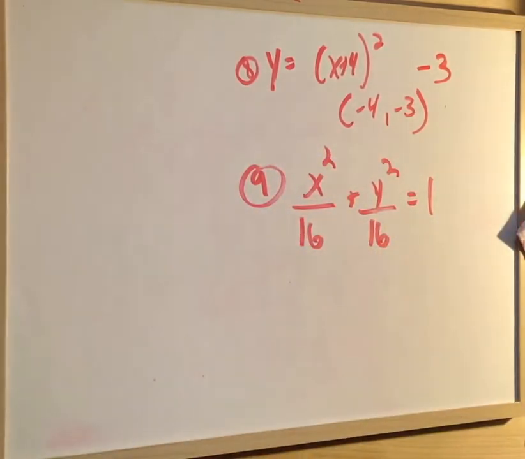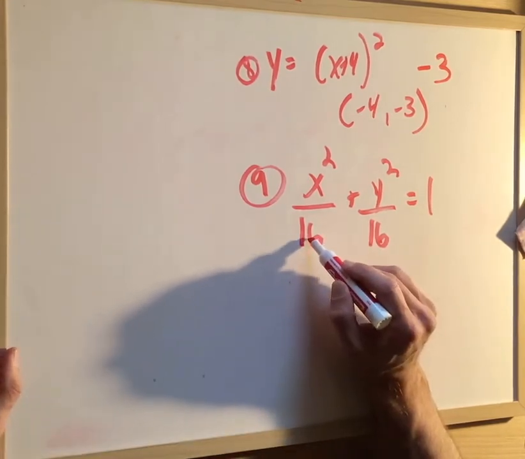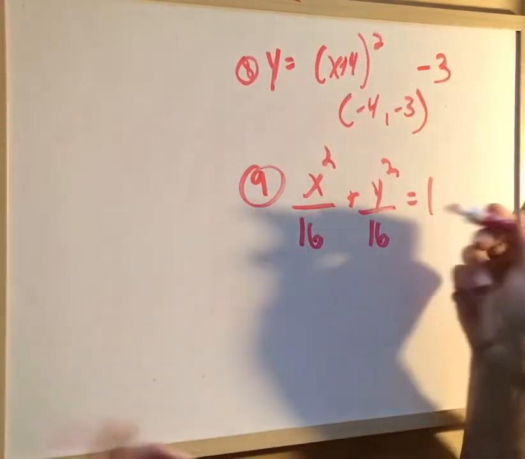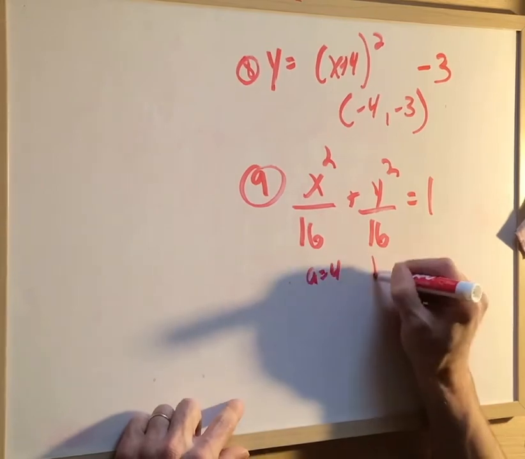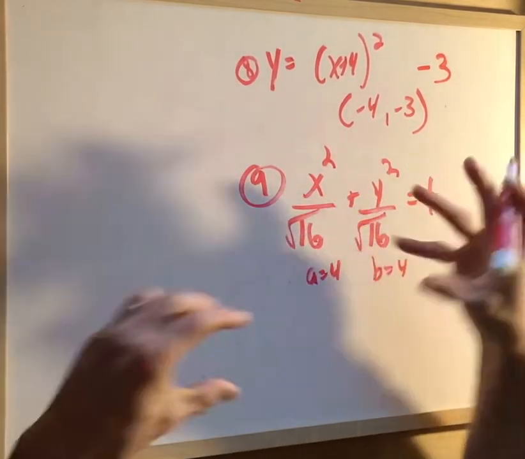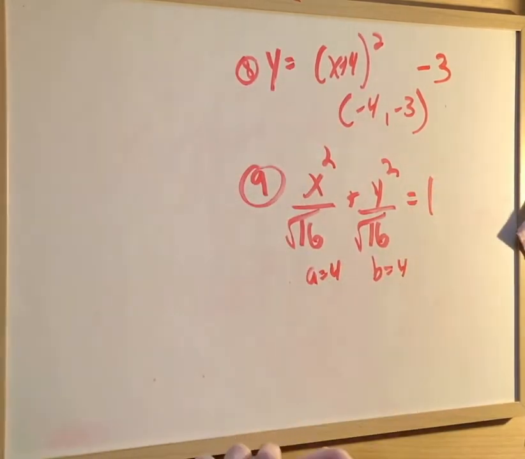Now, some people might say this is an ellipse, but look, your horizontal stretch and your vertical stretch are symmetrical, which means it's a circle. Because your A would equal 4, your B would equal 4, because it's the square root of this, meaning this is a stretch of 4, this is a stretch of 4, which makes it a symmetrical ellipse, which is called a circle.